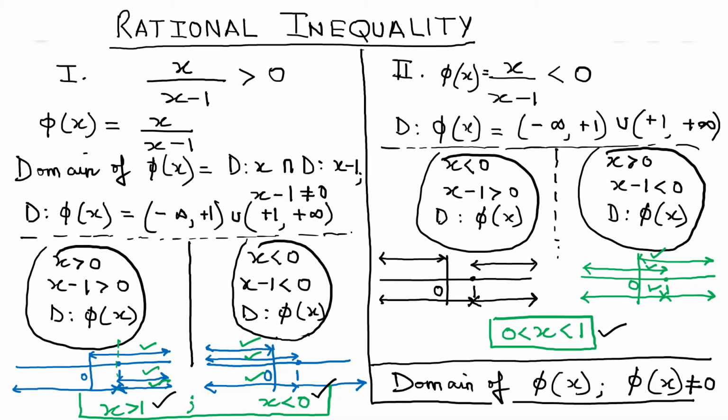So phi x cannot be equal to 0 for x is equal to 0. So eventually, if I combine the answers for both of these, I would say x belongs to real numbers except for x is equal to 0 and x is equal to 1. I hope you will be able to practice this to the best of your spirits and take this learning to the next level.